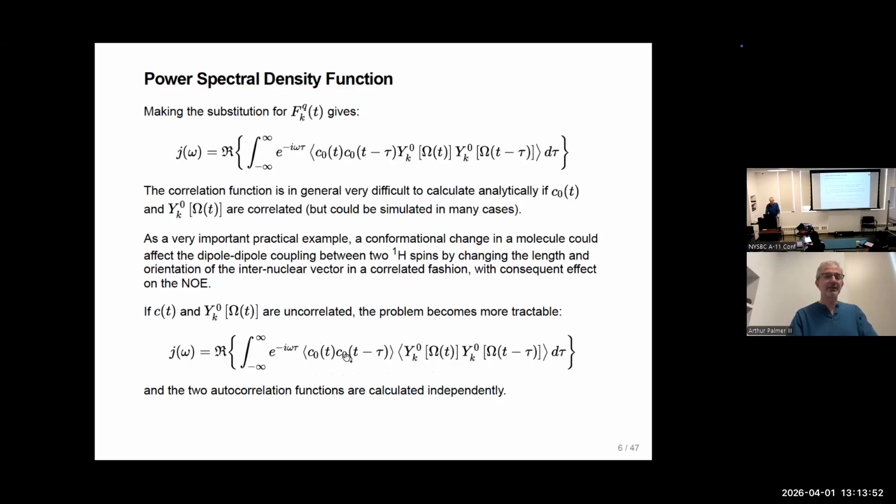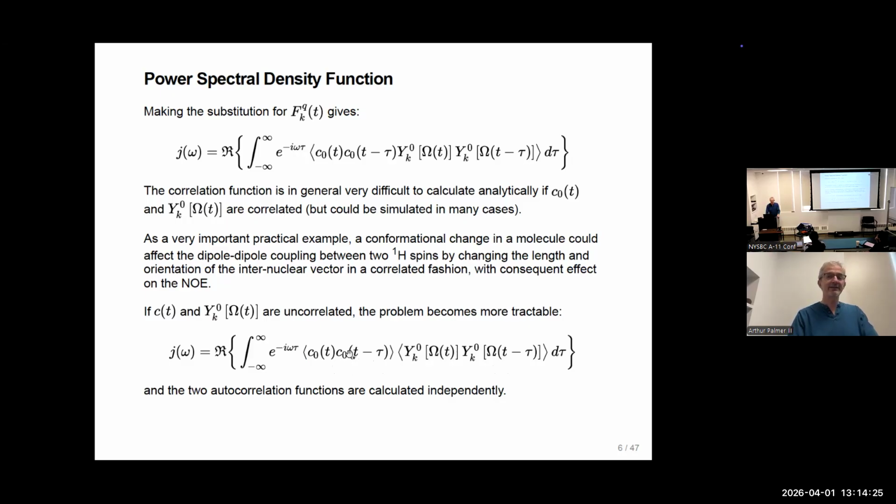The other assumption might be that whatever the time dependence is here is very slow compared to the time dependence of the Y's. And if that was the case, then this autocorrelation function of the Y's would decay to zero before the autocorrelation functions of the C's had time to decay.